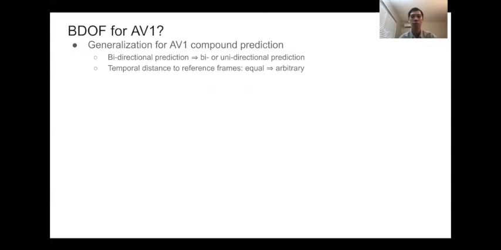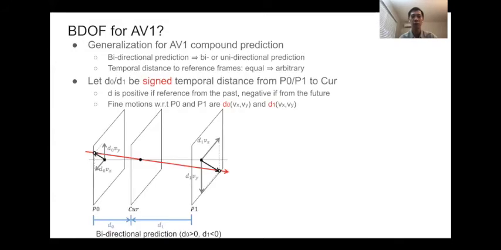So in order to make this generalization, we define the signed temporal distances from P0 or from P1 to cur. We denote them as D0 and D1. And it means that if the reference is from the past, then D is positive. If the reference is from the future, then D is negative. In this way, we can look at the figure below.